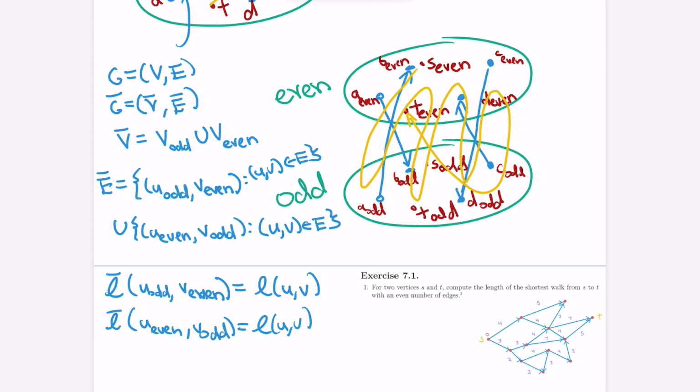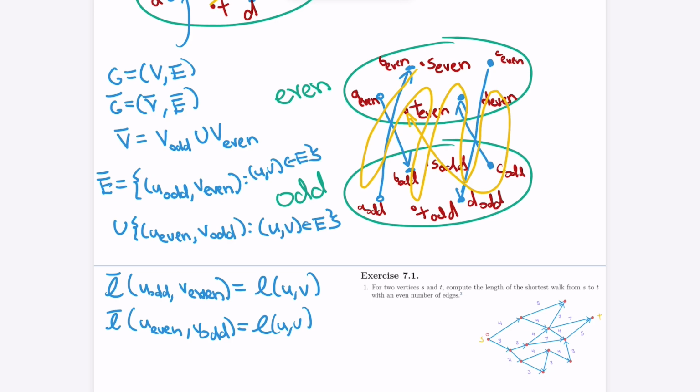So after you describe your construction, you would need to do a little bit of an if and only if, right? And then you clearly establish that any path from S even to T even in this graph corresponds to a path from S to T with an even number of edges and the same length in the original graph, and vice versa.